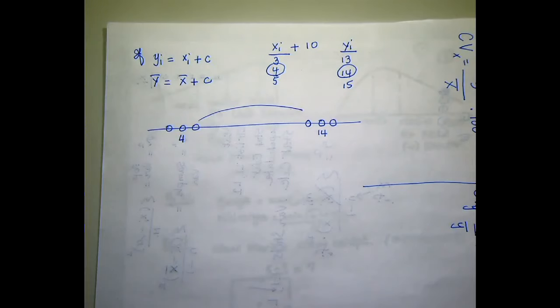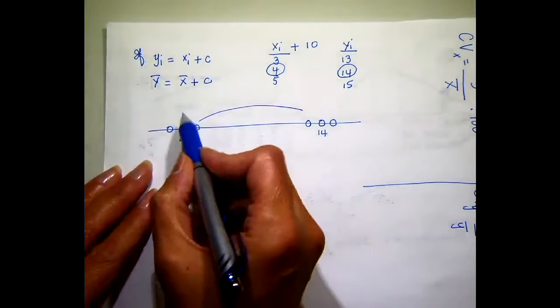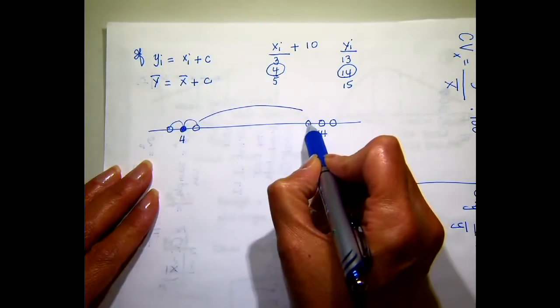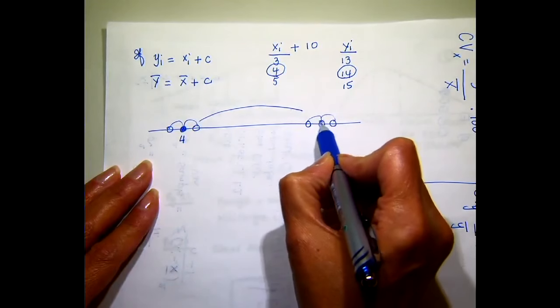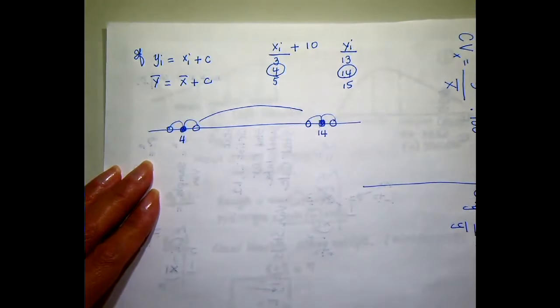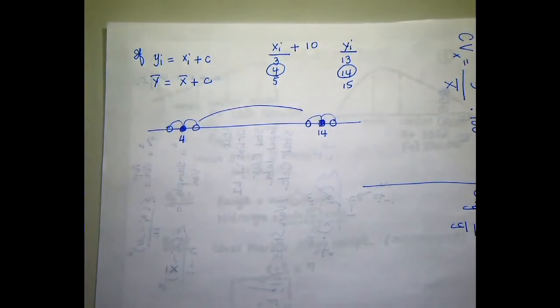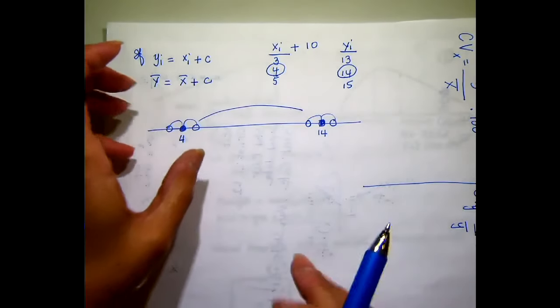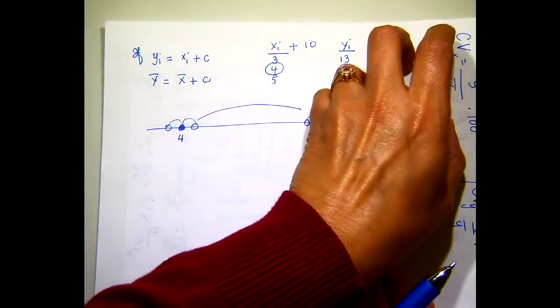Stays the same, right. Is it clear that the amount by which this and this vary from here is the same amount by which this and this vary from here? Because all I've done is slide the entire distribution 10 places to the right on the number line, but how much things vary from the mean is not impacted because the entire distribution has just been slid to the right.